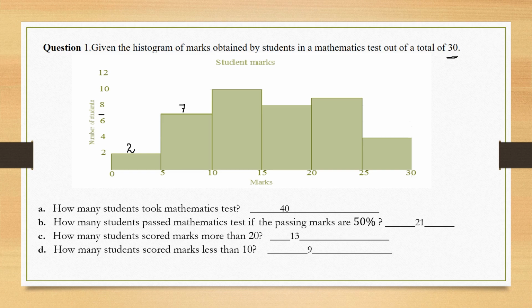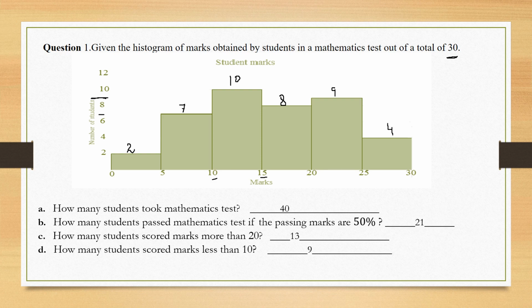From 10 to 15 marks we have 10 students. From 15 to 20 marks we have 8 students, and 20 to 25 marks we have 9 students. From 25 to 30, we have 4 students.